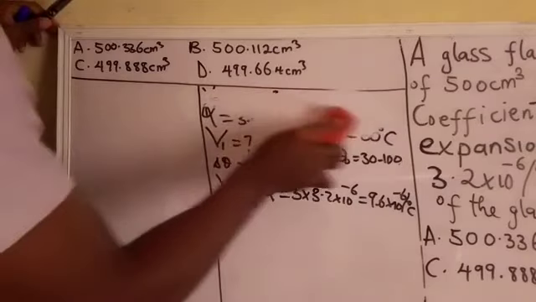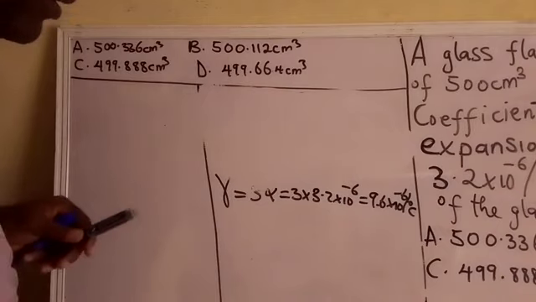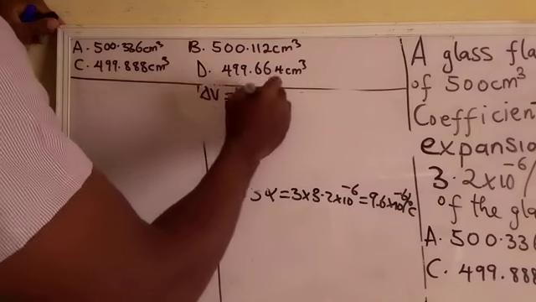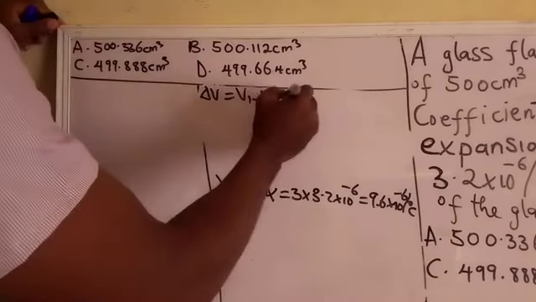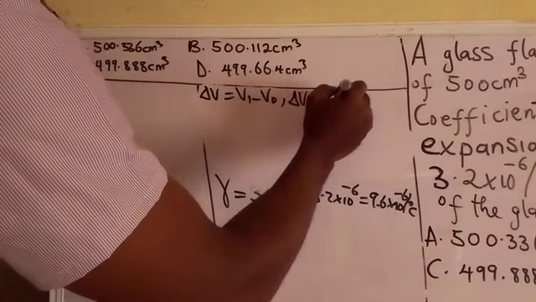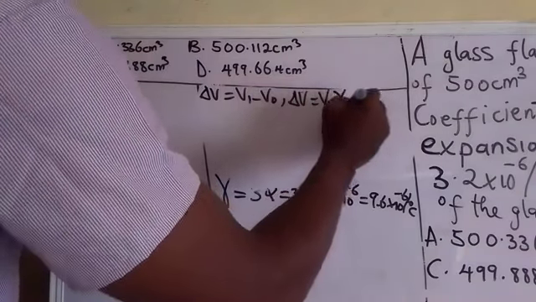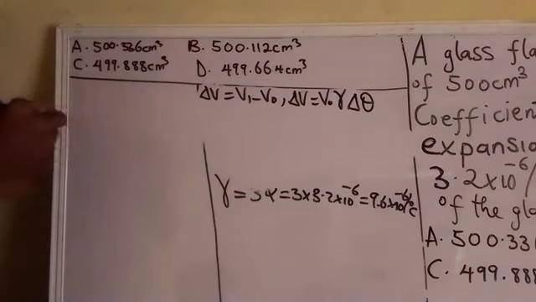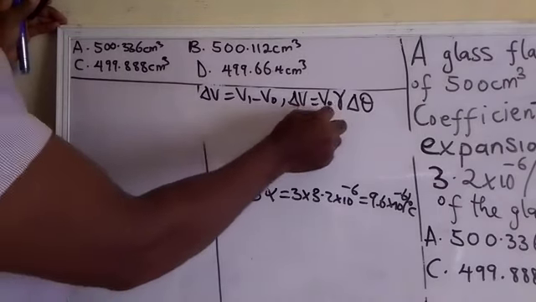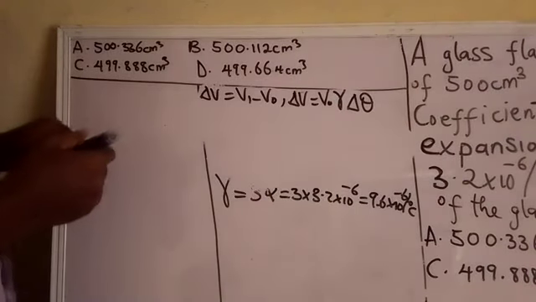Now this is where I notice some learners make mistakes. Of course, they remember that change in volume is V1 minus V0. Also, change in volume is initial volume multiplied by volume expansivity multiplied by change in temperature.